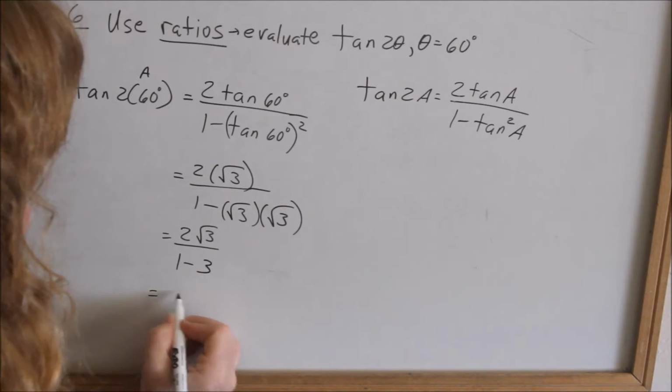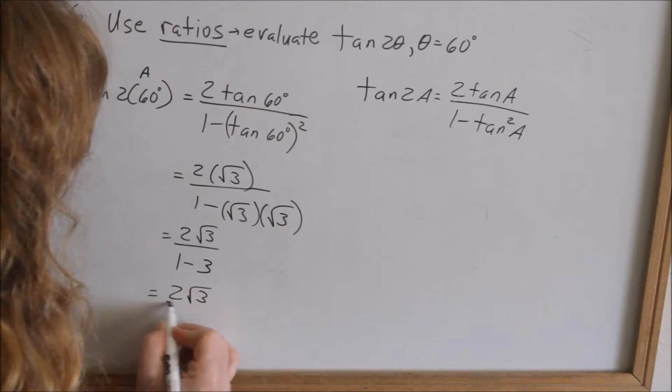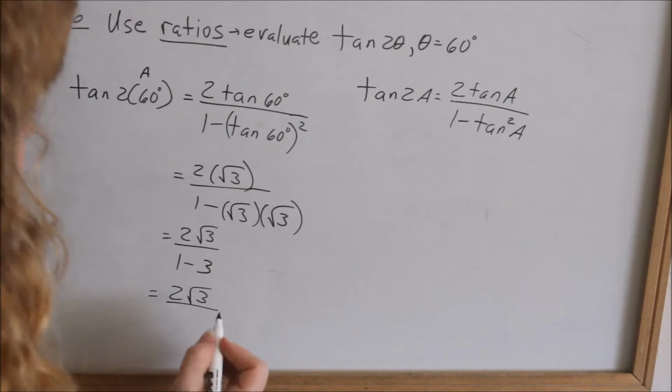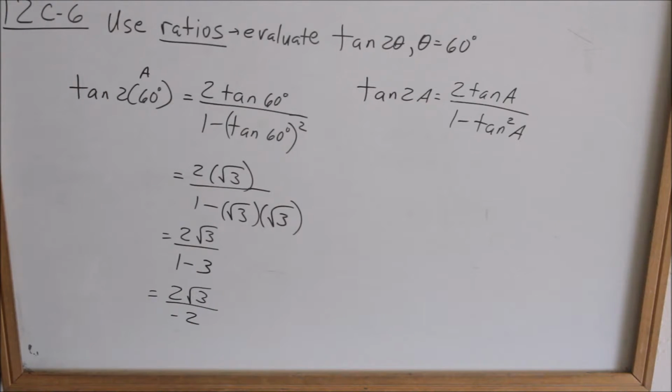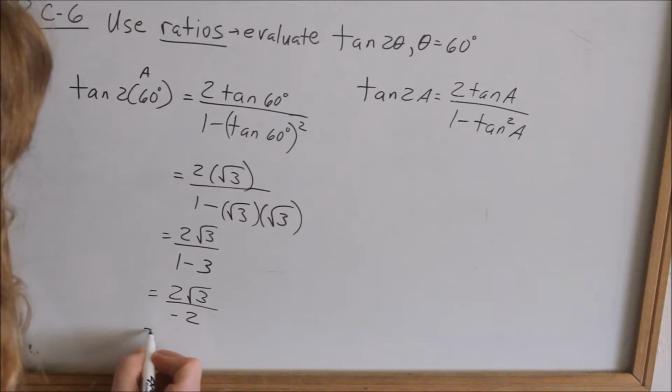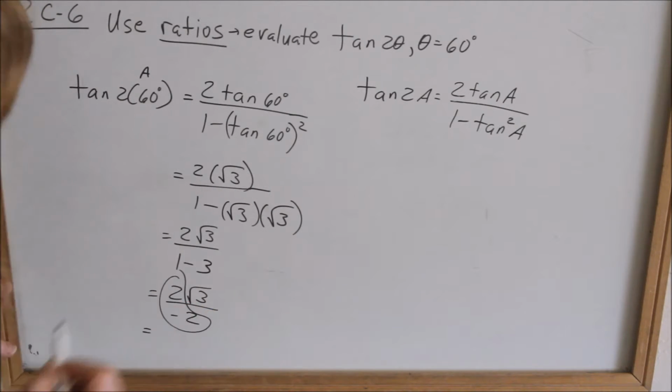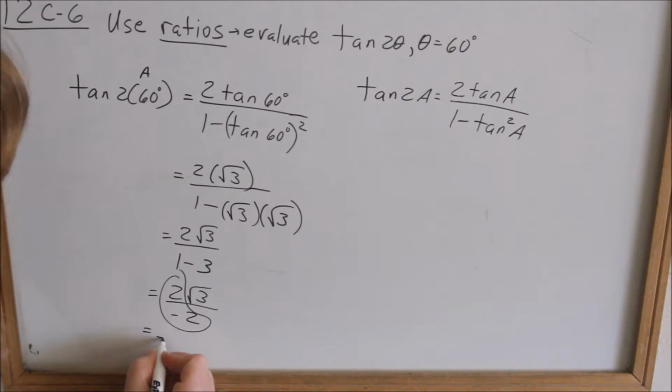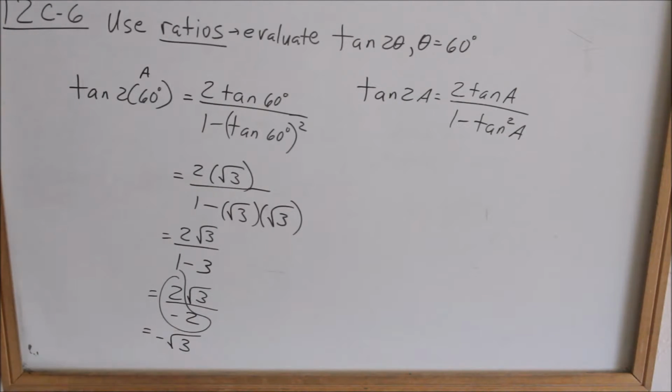In your numerator, 2 square root of 3, and 1 minus 3, watch your signs, is negative 2. So now we're down to rules of radicals. Radicals to radicals, whole numbers to whole numbers, so you can reduce this right there. 2 divided by negative 2 is negative 1. I'm not going to write my negative 1. It's not wrong. You can write your negative 1 there, or you can just have negative.